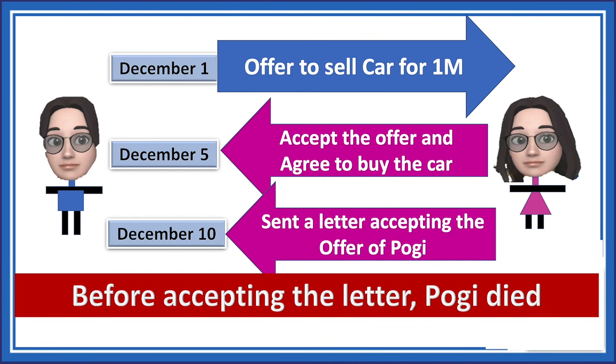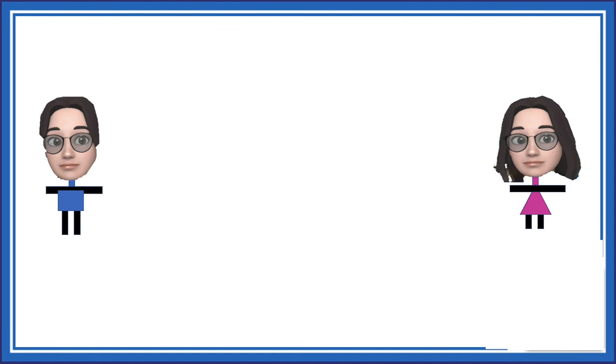As it was said, it becomes binding when the acceptance, which is done through a letter, comes to his knowledge. Here, how would he know, since he has died? So, there is no perfection of contract. Pogi's car was not sold. Okay? Now, let's take another example just to better understand this topic.